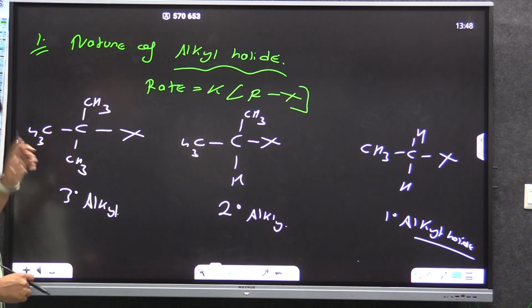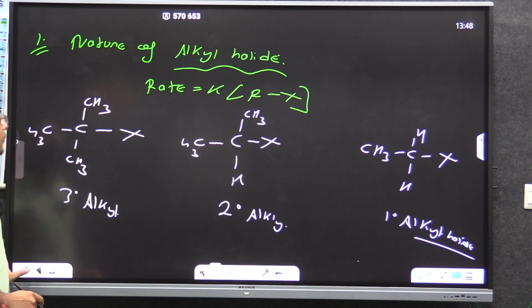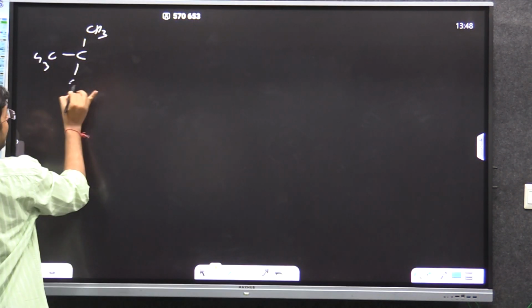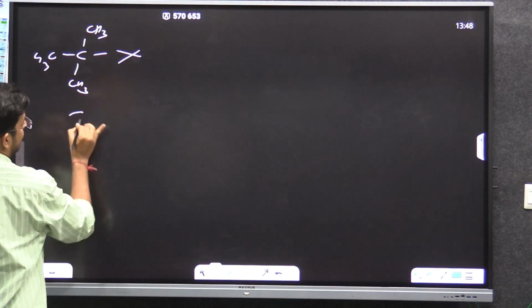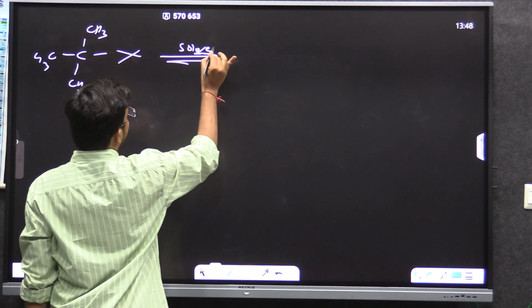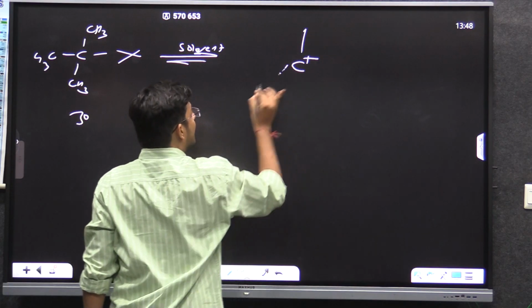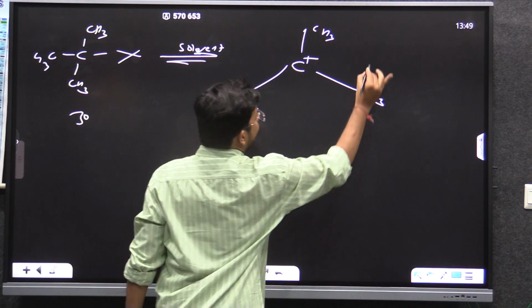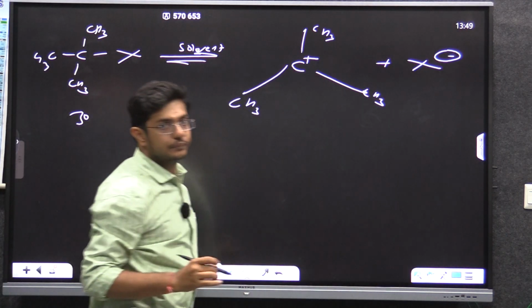Now, on breaking the 3-degree alkyl halide by the help of solvent, this will form a stable carbocation.